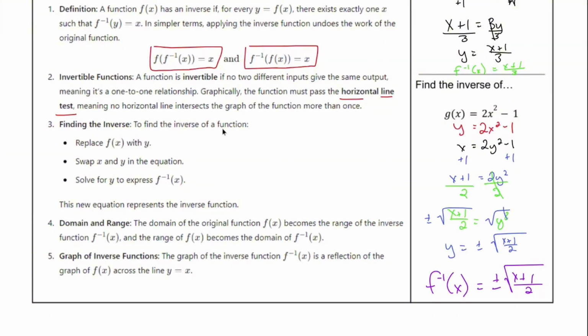Basically what invertible means is if I take the inverse, will it still pass the vertical line test? This one will because that's still linear. This one won't because a positive square root is going to look like a U and a negative square root is going to look like a U, and you're not going to pass the vertical line test.